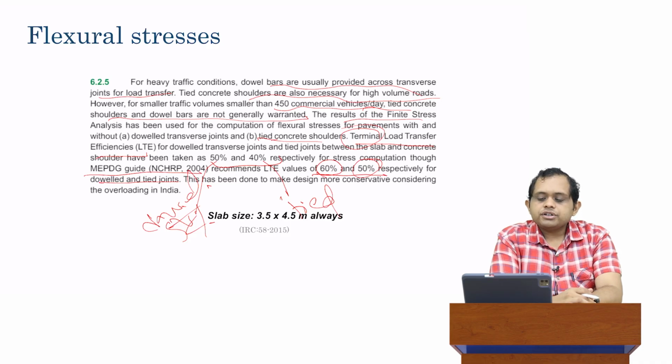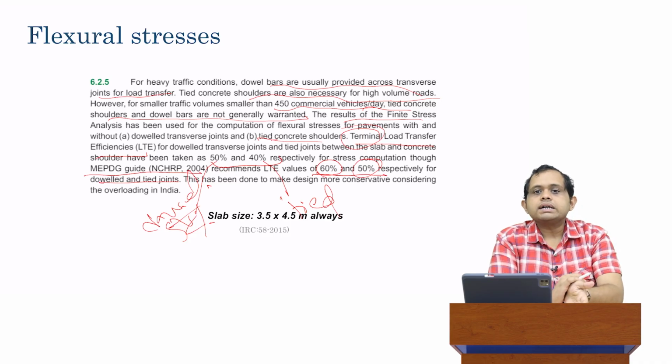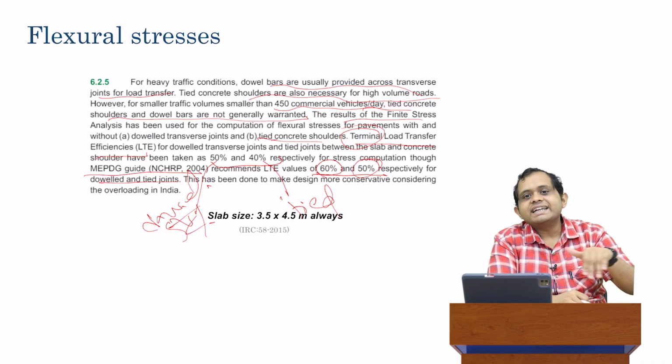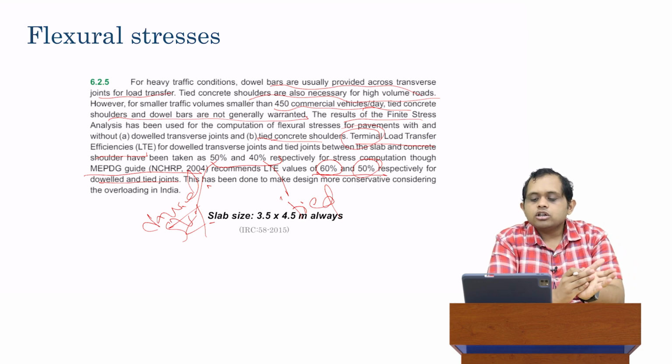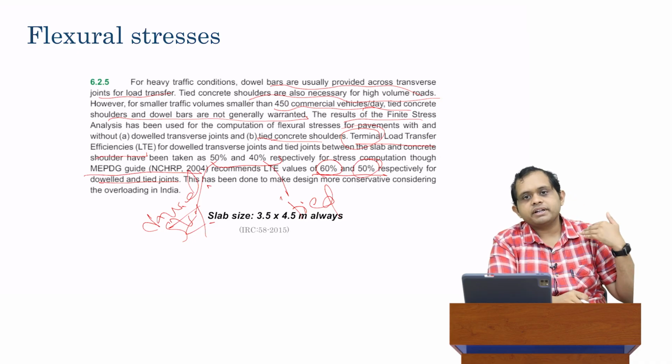Now, one issue you see clearly is we are using the terminal values. The terminal values occur after 20, 30, 40 years. The terminal values are being used for the entire analysis period. So initially when the pavement is first constructed, the load transfer efficiency will actually be 90% or more. Over time, it will decrease to maybe 50% or 40%. But the assumption is that we just decrease the load transfer throughout the entire time.